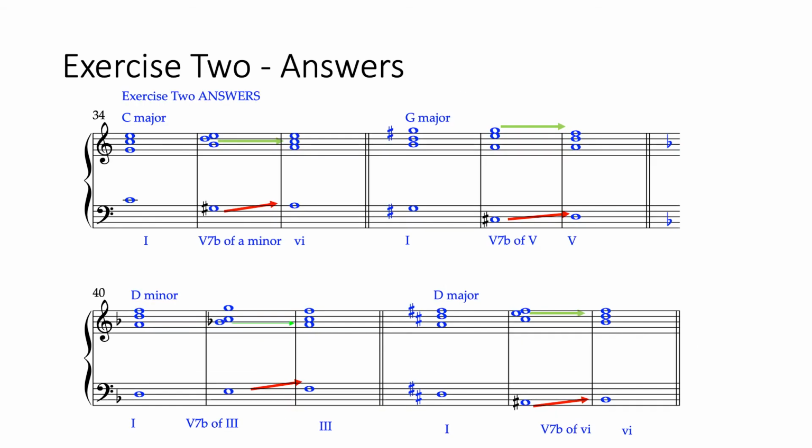Okay, so these are possible answers. They don't have to look exactly like this. I'll just play them through so that you've got an idea of what they're going to sound like. That was the example in C major. Here's the example in G major.